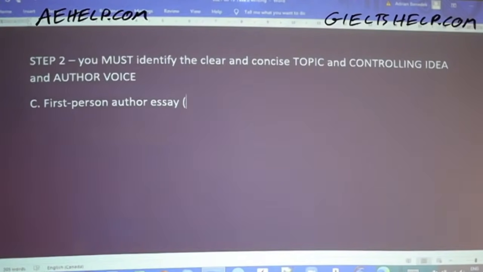This one is a first-person essay or first-person author's voice, meaning you have to use I, me, my in the essay. It means it's your voice. It's the subjective voice of the author.